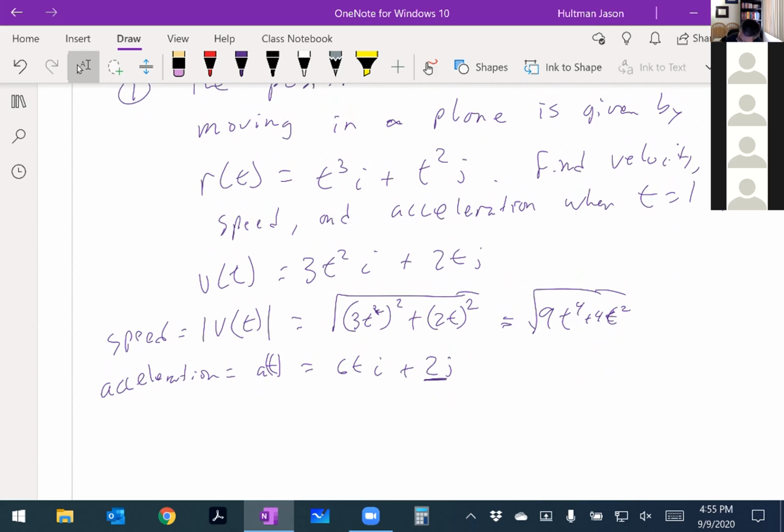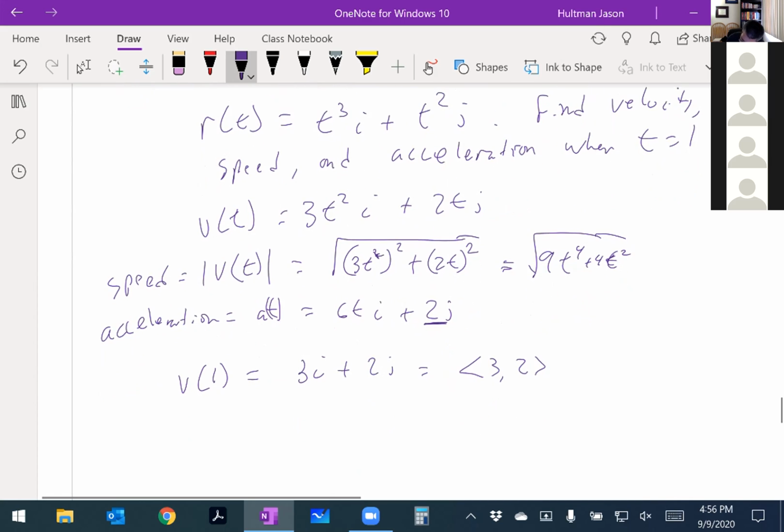Okay, so let's evaluate this at 1. So what's v of 1? Well, v of 1 is going to be equal to 3i plus 2j, which you can think of as 3, 2 as a vector. What's the speed going to be? This is going to be the square root of 9 times 1 to the fourth plus 4 times 1 squared, which is the square root of 13.